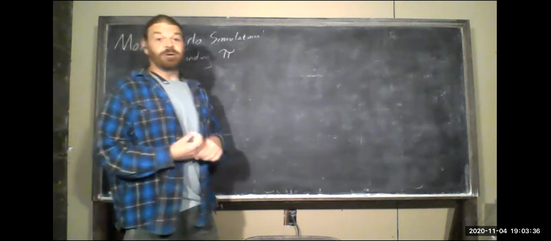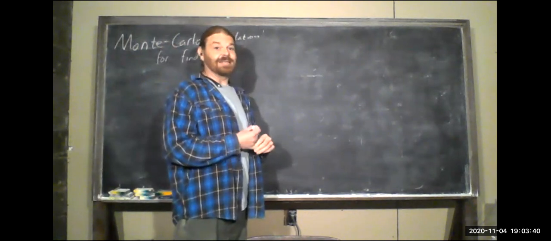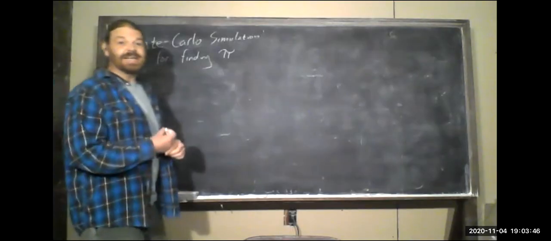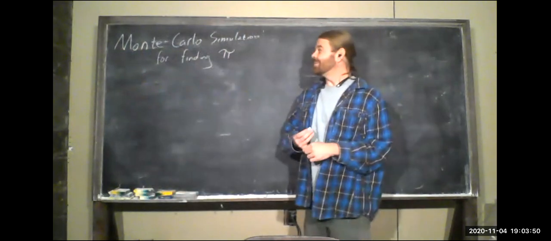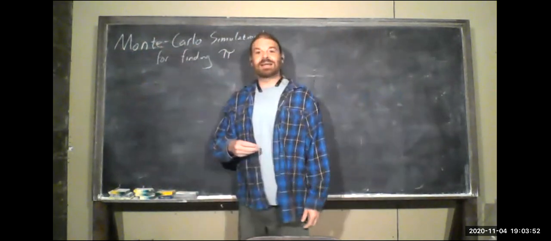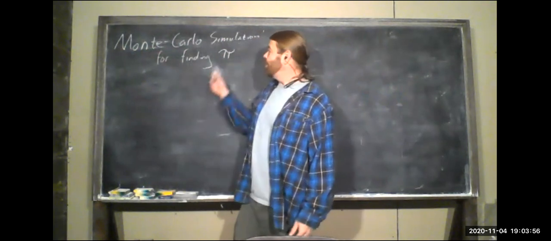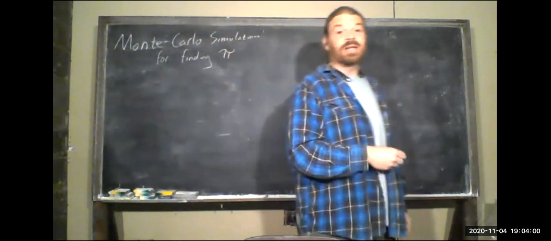So, has everybody heard Monte Carlo before somewhere? Have you heard of the place? The car? Sounds familiar. It's famous for Monte Carlo casinos, gambling. It's a gambling reference. So what we're going to do is use random numbers in a simulation to find pi.